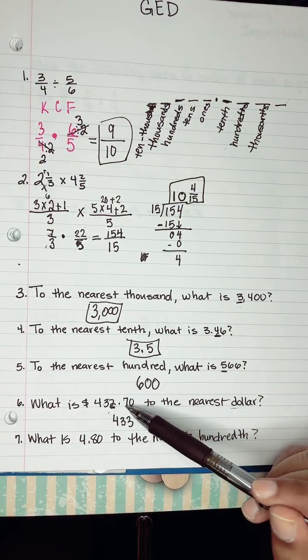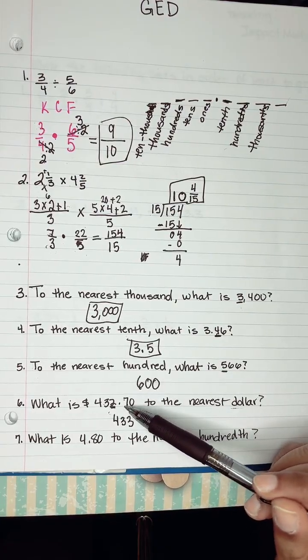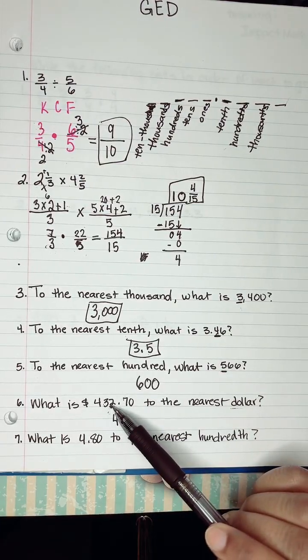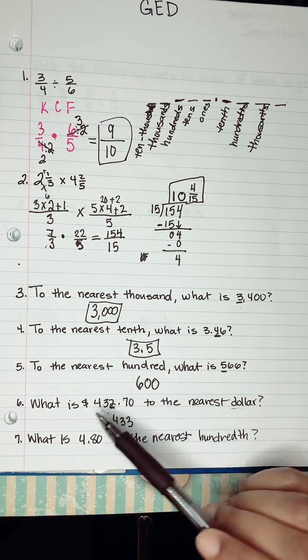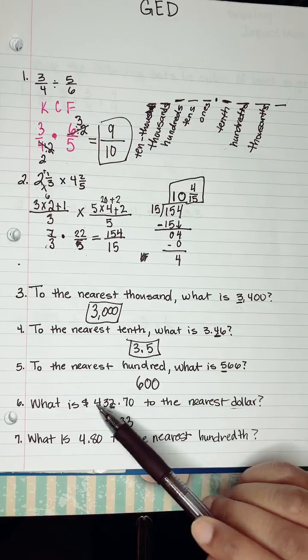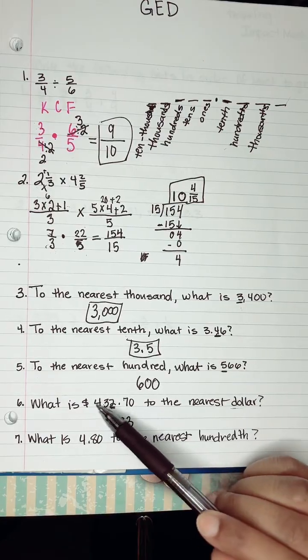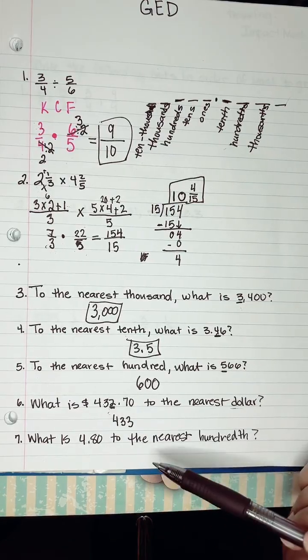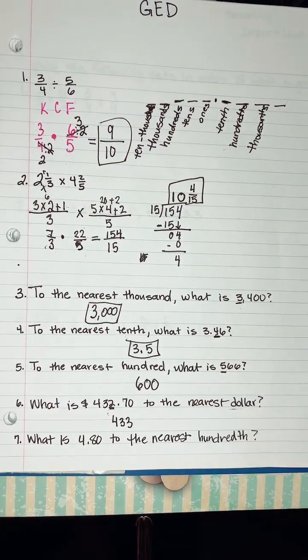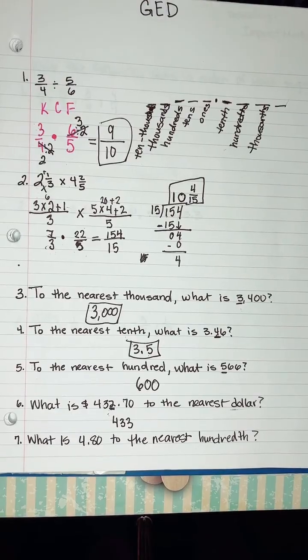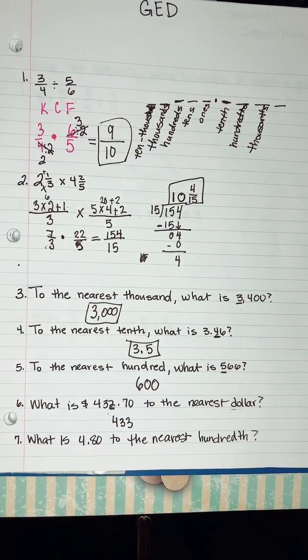And since we look to the right, this number is above a 5, so this goes up by 1. So 2 plus 1 is 3, and everything else goes to 0. But everything before it has to remain the same. That's why we're writing 433. Okay? Any questions on this part? It looked like a lot of people got it, but any questions?